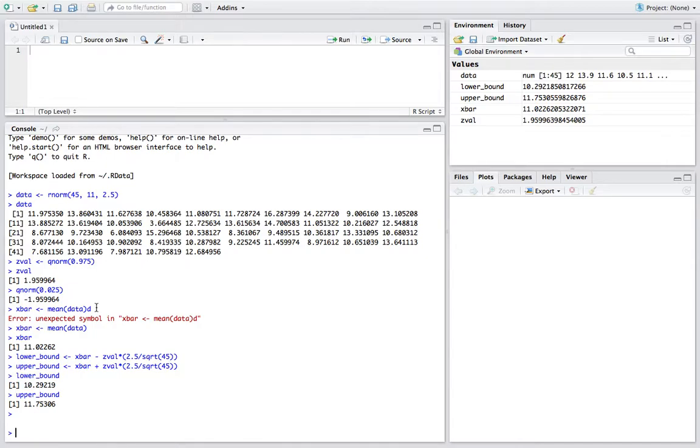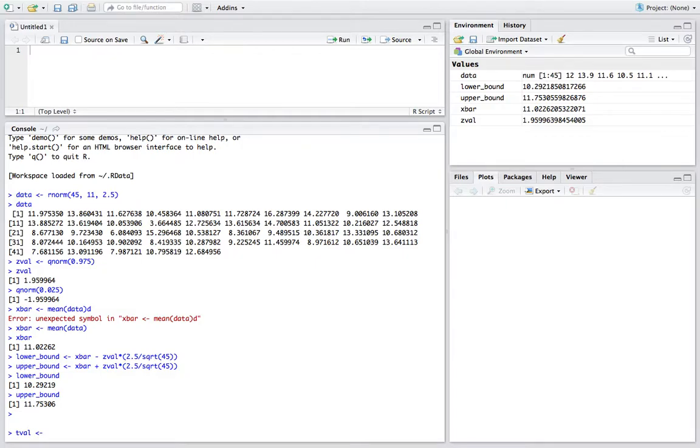So we'll do a quick prediction interval example in R. Again, we'll be using the same data set as before, our data set of 45 data points with a true mean of 11 and a standard deviation of 2.5. For this calculation, we'll need to know the t-value, which we'll name t-val.